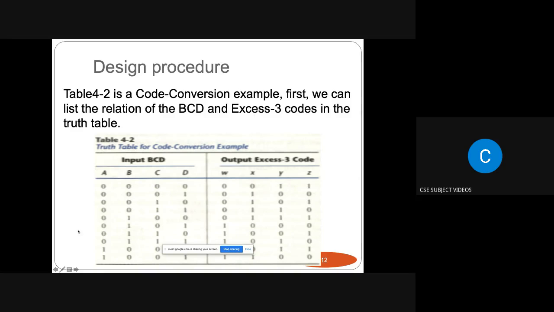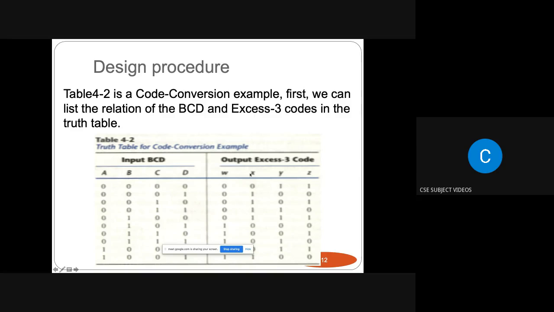If we go with 10, from 10 to 15, it consists of two decimal digits. So for those two decimal digits, it is not possible to represent with 4-bit. So we are considering only 0 to 9. And the remaining 10 to 15 can be considered as the don't care condition for BCD input.